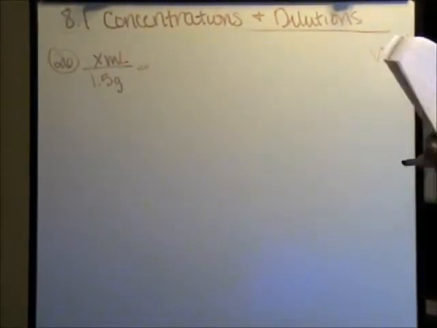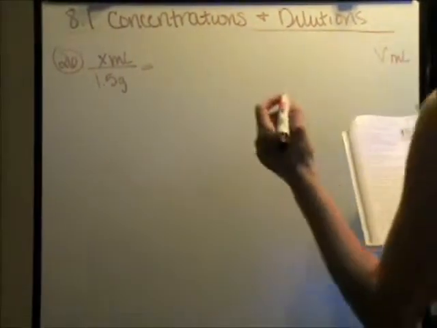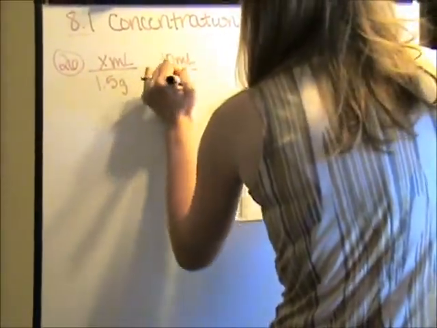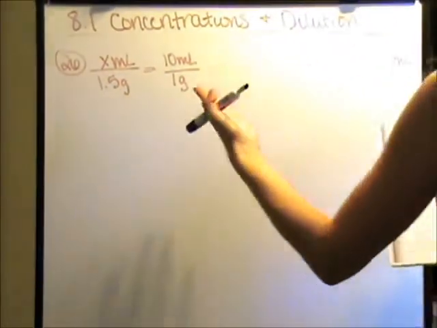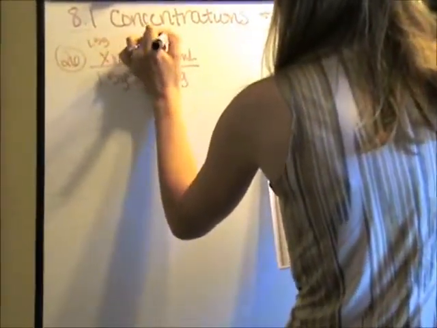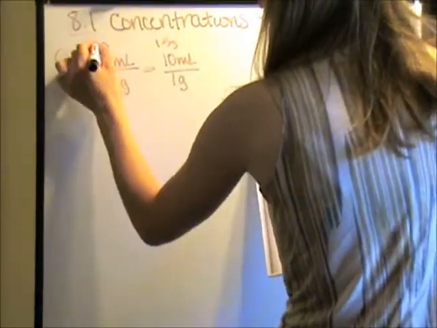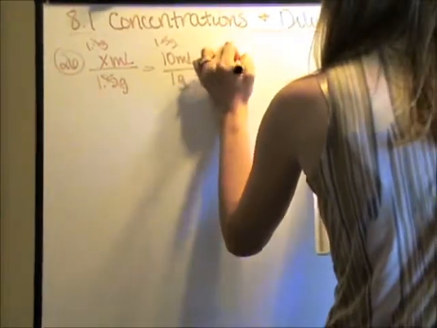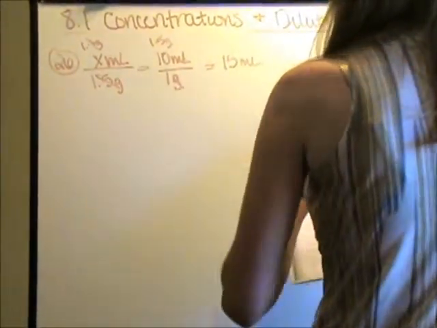So there's our information right there. We know that 10 milliliters is equal to 1 gram. So now we've set our proportion up, we can solve for X. And X is going to equal 15 ml.